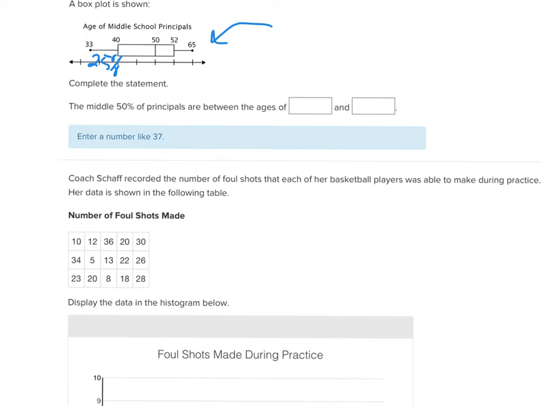So this says the middle 50%. Okay, so I read more closely now. So the middle 50% is going to be from 40 to 52 because this is 25% and so is this. So answers are 40 and 52.